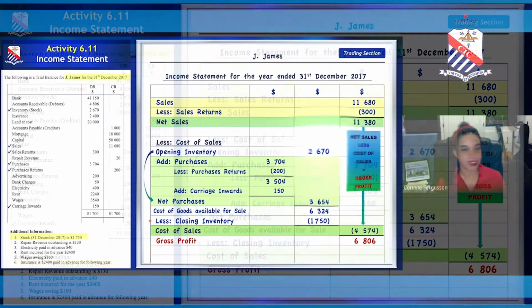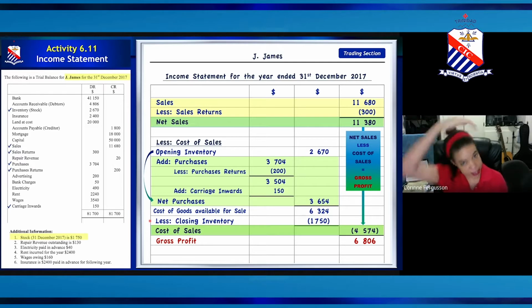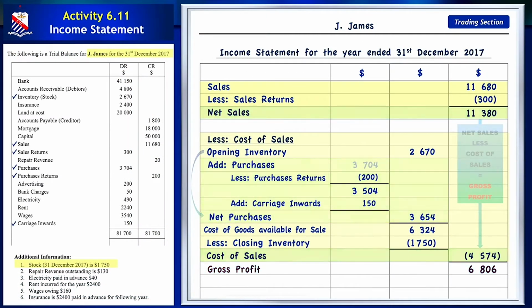So that's it. We have just completed our first section, the trading section, trading meaning to buy and sell. So we have just finished that part of it, and that is the part that calculates your gross profit, and we got the 6,806.